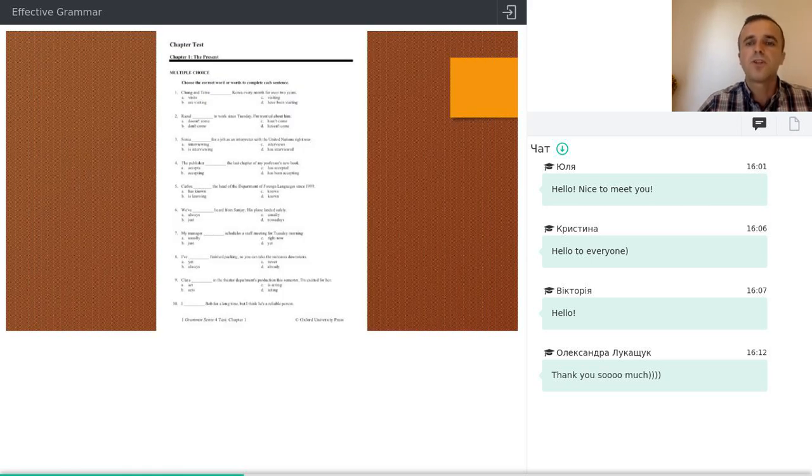And here is a general test on the present, when you have covered all the present tenses: present simple, present continuous, present perfect, and present perfect continuous. You can give them a general test on all the tenses. The first task is a multiple choice, as you see.